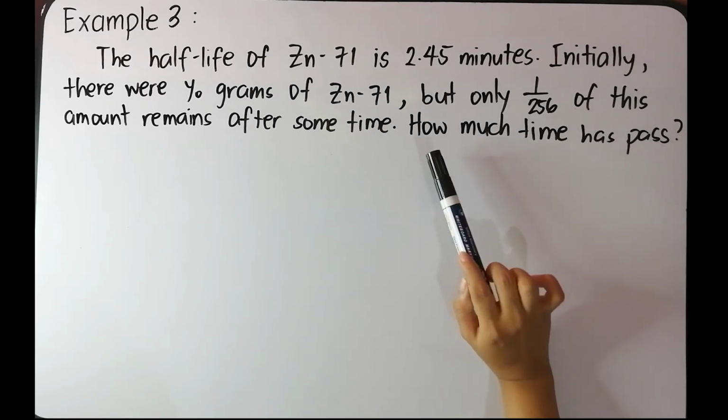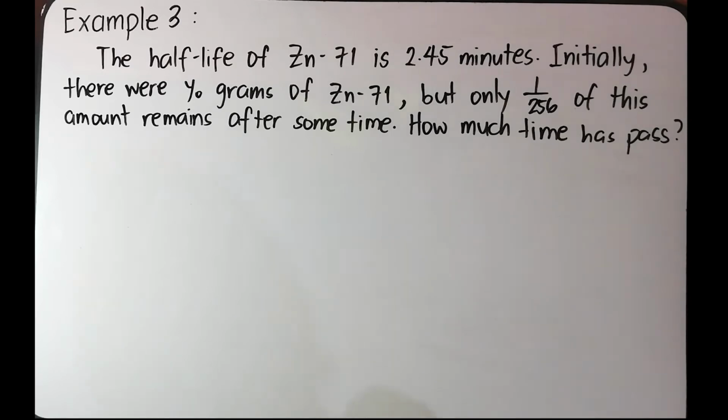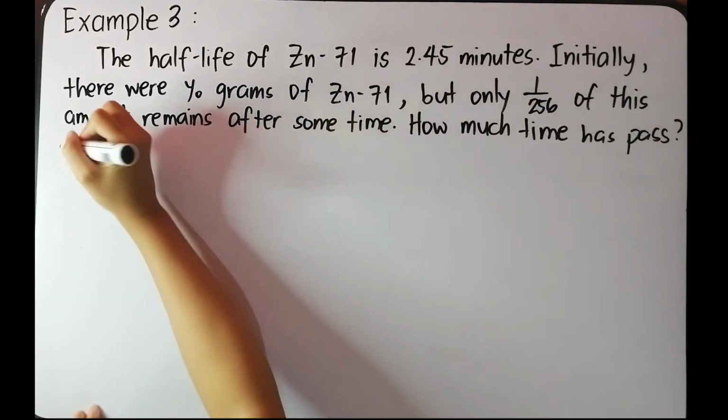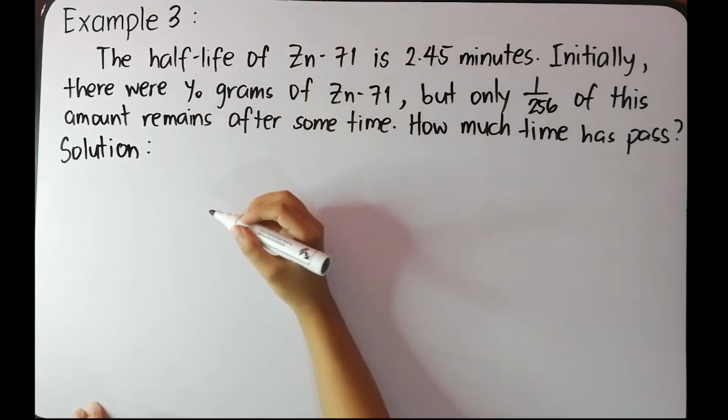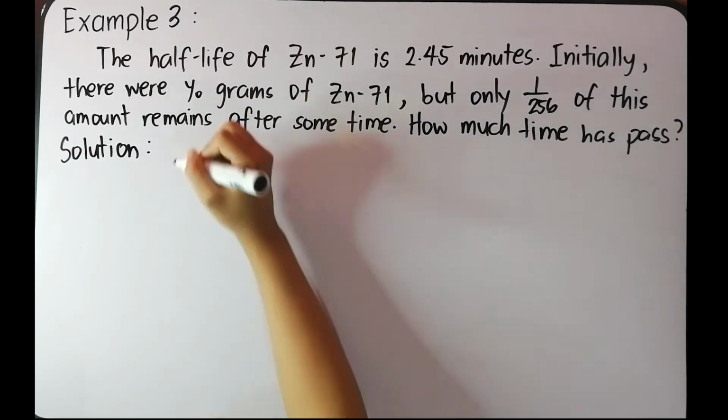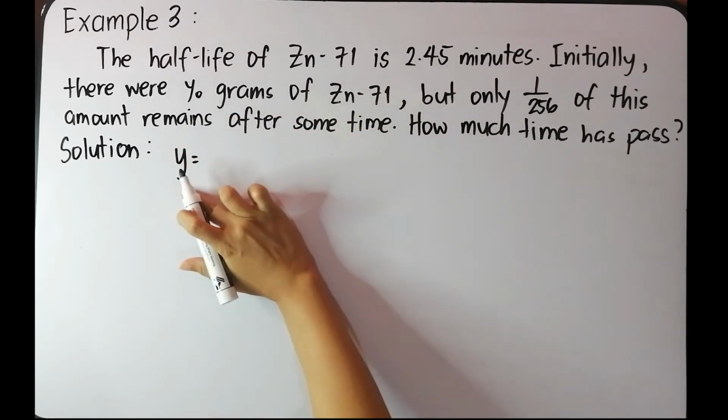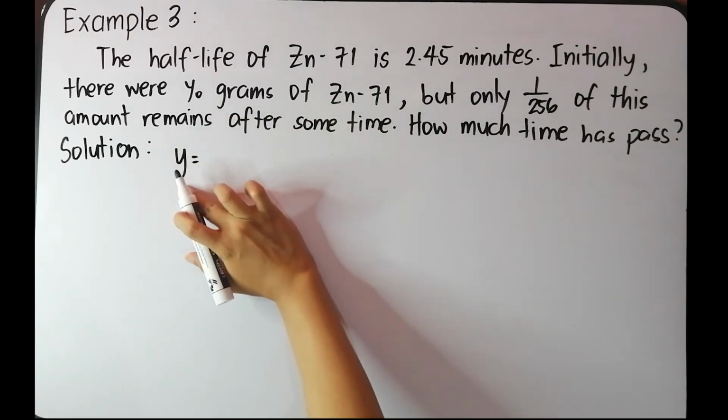So from our previous lesson, we discussed the applications of exponential functions, equations, and inequality. We discussed there the exponential decay by half-life. So from there, we have an exponential model y, which is the amount of substance after some time, after few years.